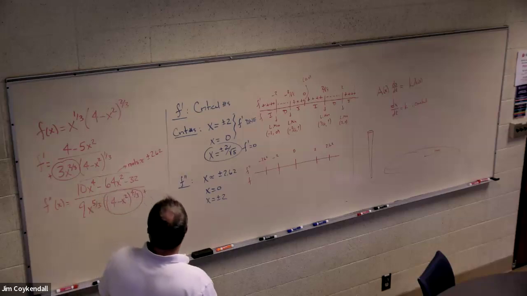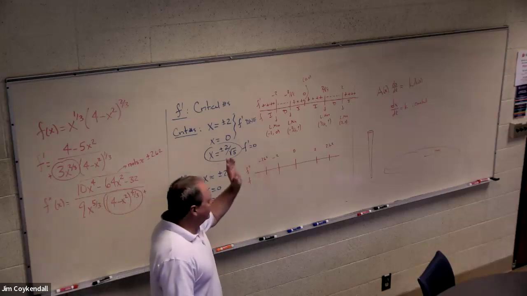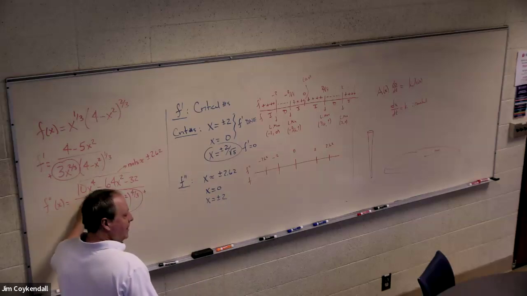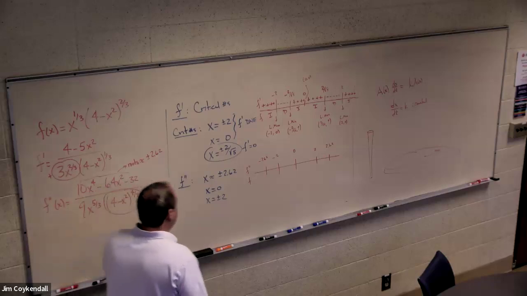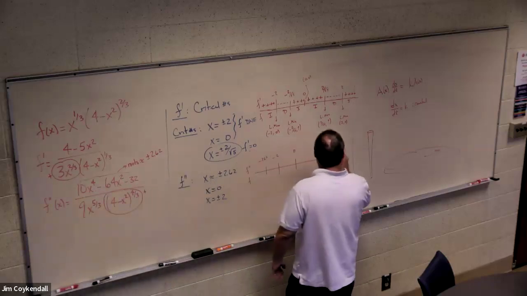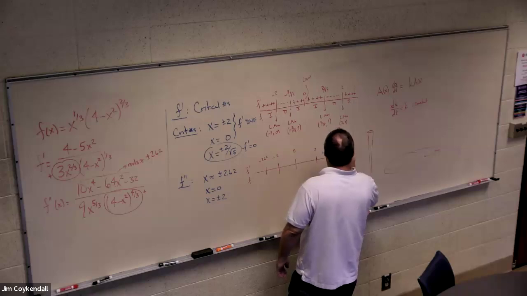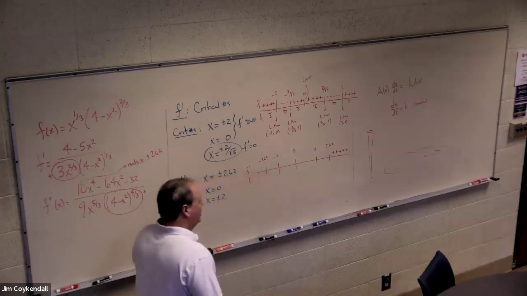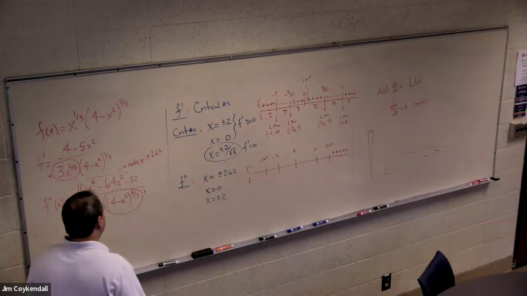So let's see what happens. What happens if you're way the heck out to the right, like 100? This is certainly going to be positive because x to the 4th dominates. And that's going to be positive. What happens if you're in between 2 and 2.62, maybe like 2.5?